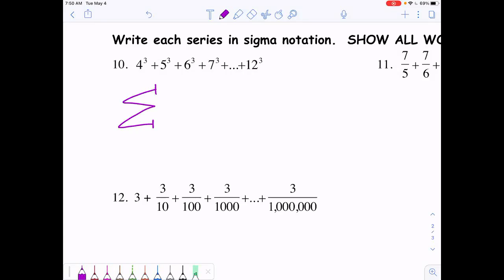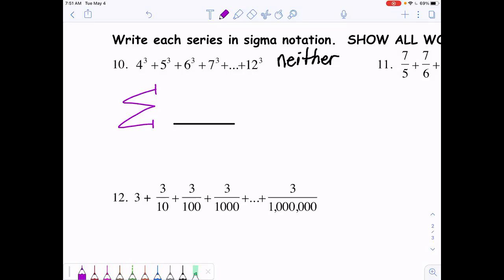It still has a formula. So let's start with the formula. That would go right next to the sigma. This is neither, however you prefer to say that word. What would the formula be for this sequence if I had 4 cubed, 5 cubed, 6 cubed, 7 cubed? Gabby?